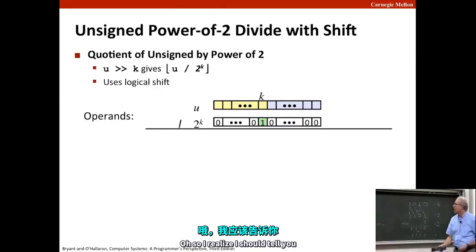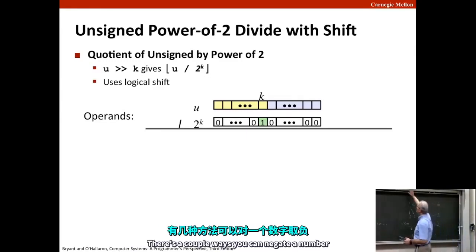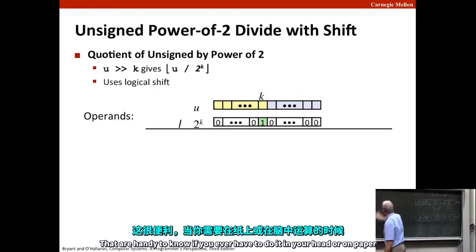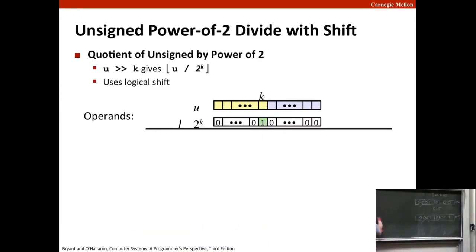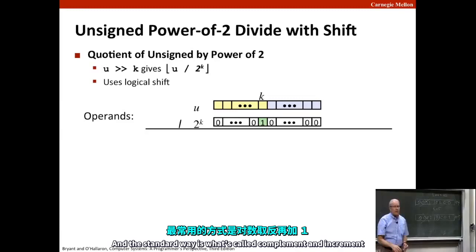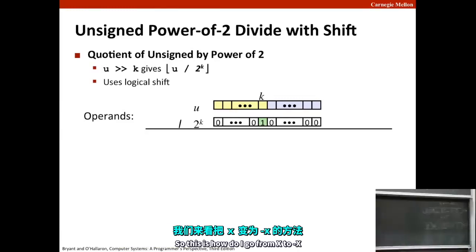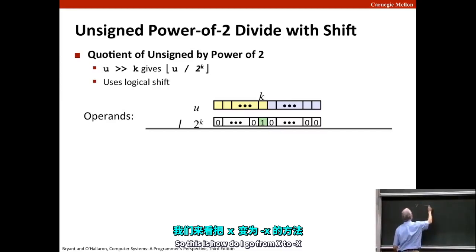So I realize I should tell you there's a couple ways you can negate a number that are handy to know if you ever have to do it in your head or on paper. And the standard way is what's called complement and increment. So this is how do I go from x to minus x.